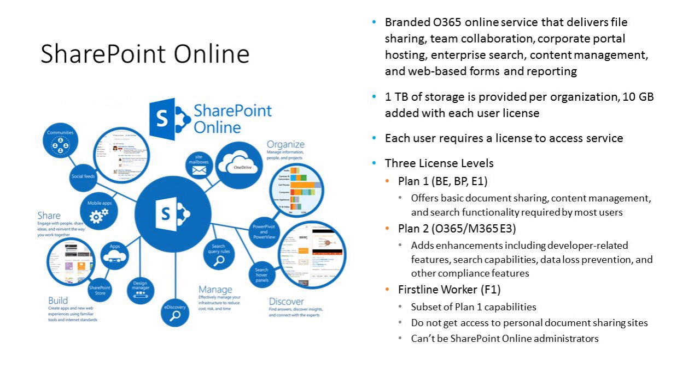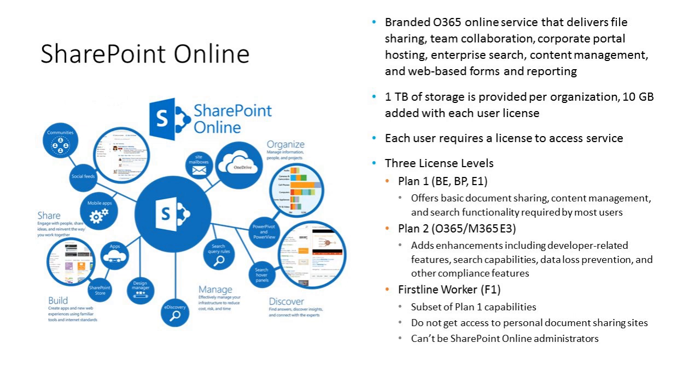The higher tier plan 2 of Office 365 essentially just adds a little bit more enhancement, including, as it says, developer-related features. So these are more robust features that typically need more configuration, or at least a backend knowledge base to get started.